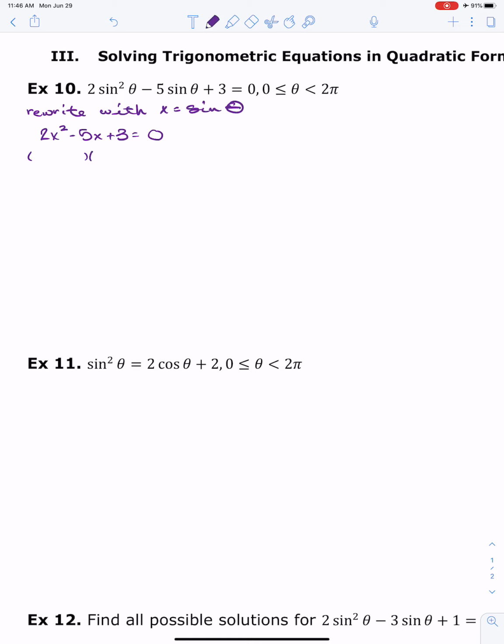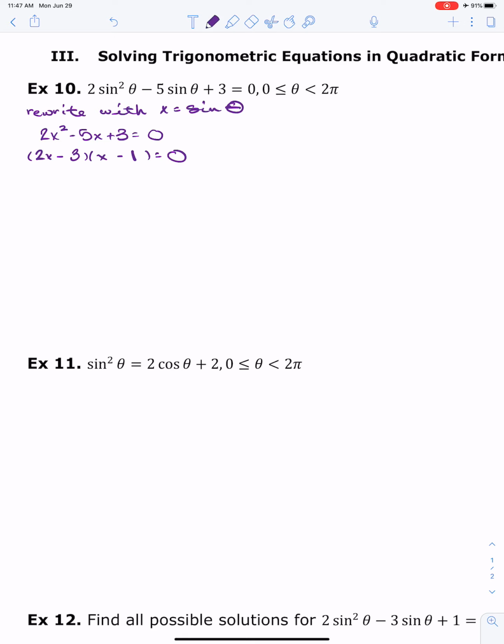So the only way to get 2x squared is 2x and x. The only way to get 3 is 3 and 1. I know that I need to be able to multiply them and get a positive 3, which means they're either both positive or both negative. We're going to add our pieces together to get a negative 5x, which means both of these have to be negative. We're going to factor it this way: 2x minus 3 and x minus 1.